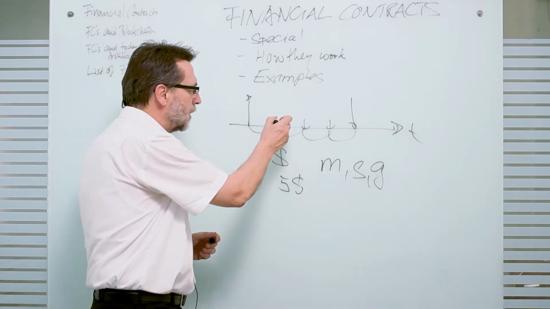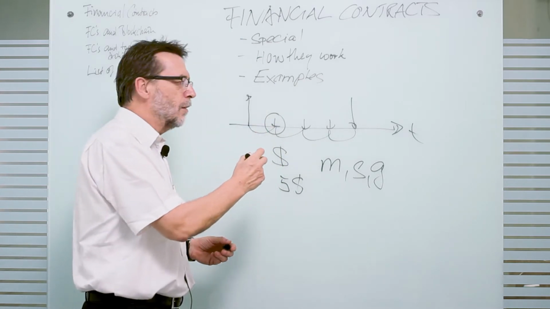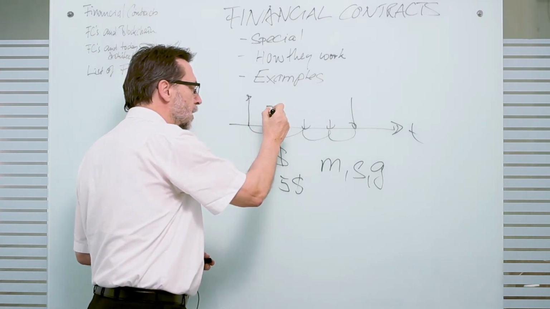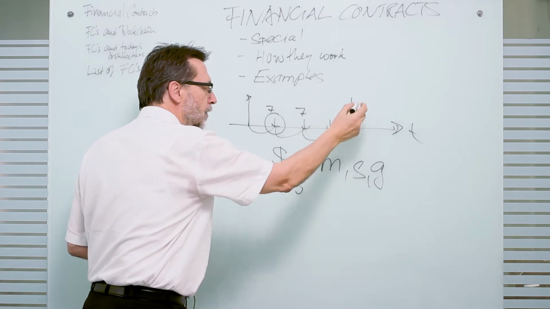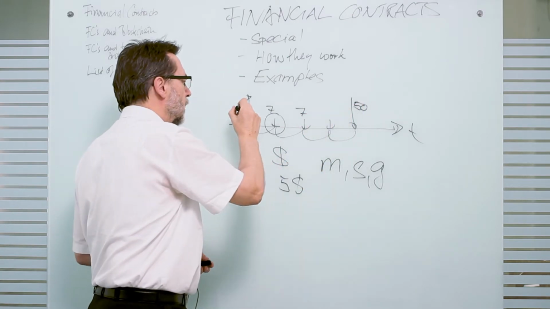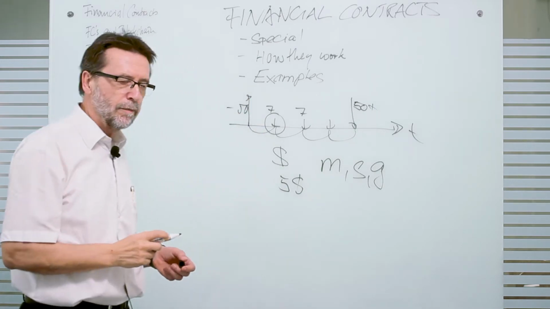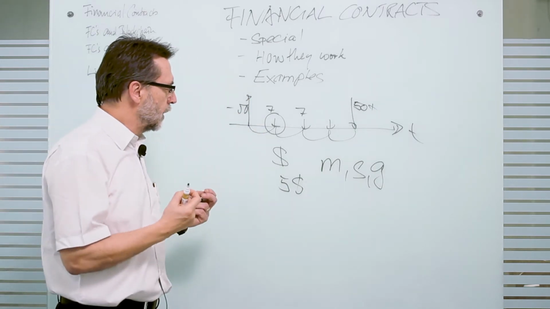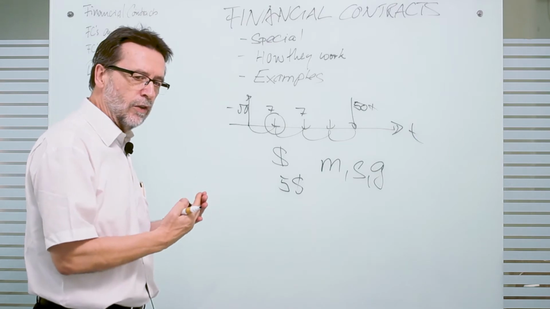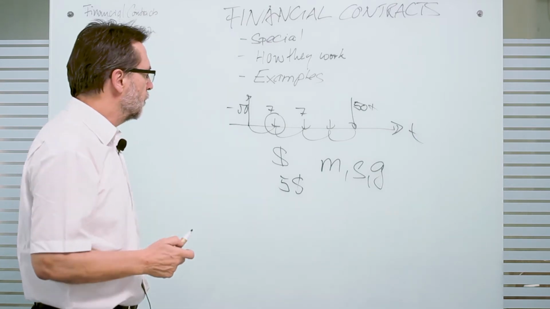This means that these cash flows can be represented by pure numbers. Maybe this payment is 7, this is also 7, maybe this is 50, maybe plus 50 for me, minus 50 for you, something like that. So that's the first thing. It's an exchange of cash flows which can be fully represented by numbers.